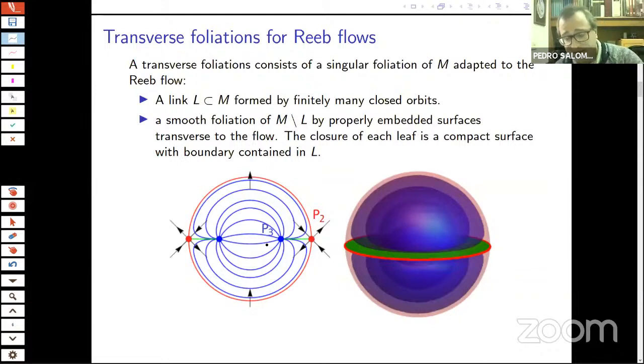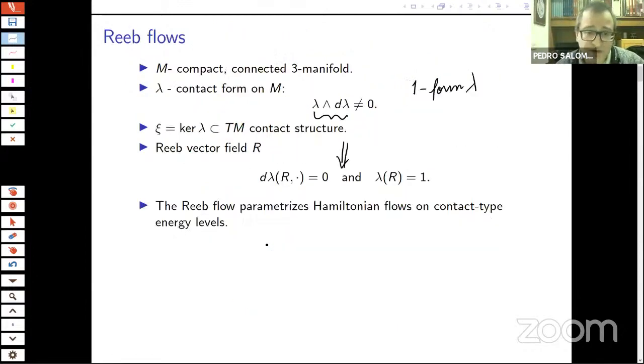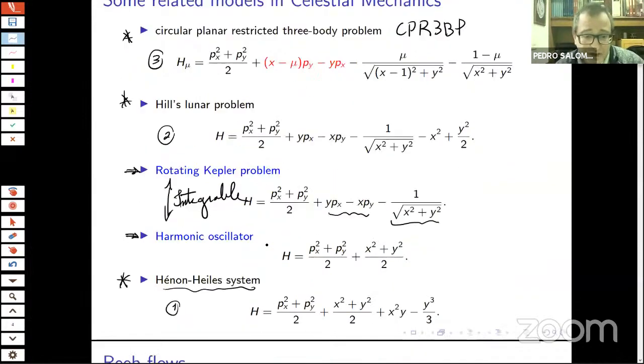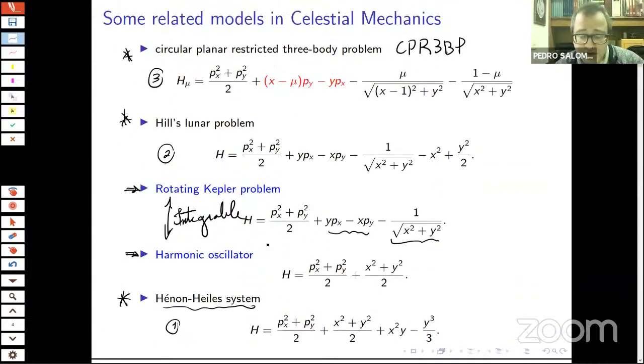The main idea of what I'm going to talk about is to show exactly that for most of those systems that we saw there, they admit that type of foliation.